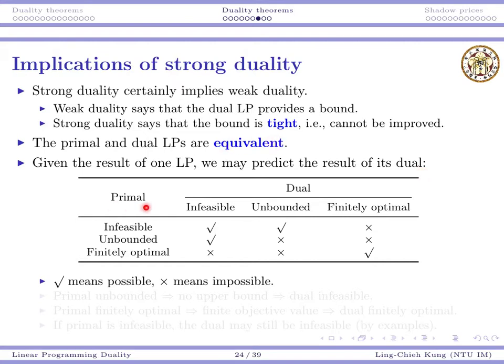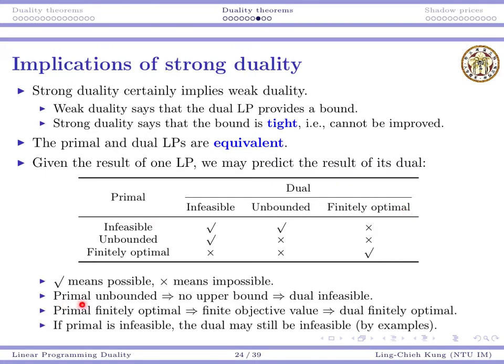Suppose your primal can be categorized into three situations, right? It may be infeasible, unbounded, or finitely optimal. Your dual may also be one of the three situations. In total, there should be 9 combinations, but we're showing you that only 4 of them are possible. If your primal is unbounded, that means there is no upper bound.